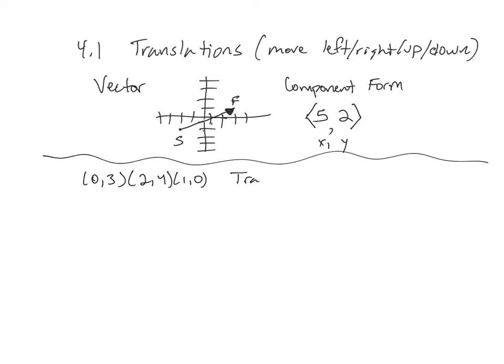So say translate. So put the 0, 3, 2, 4, and 1, 0. Oh wait, 0, 3 should be up there. That was wrong.